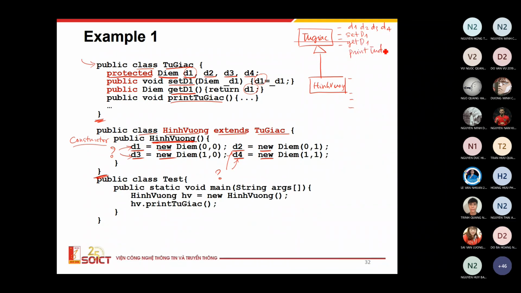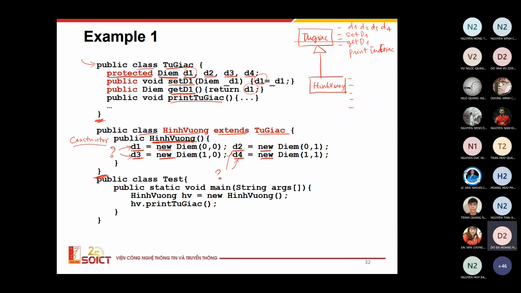So they are all members of the tứ giác class. And what about the hình vuông class? We have a constructor, okay. A constructor is not considered a member.